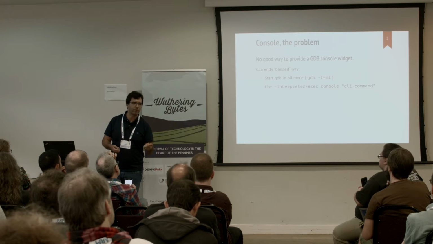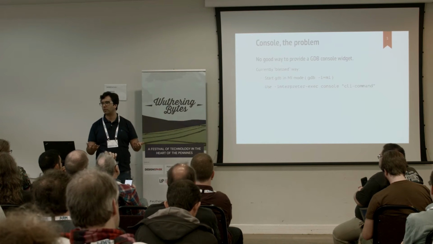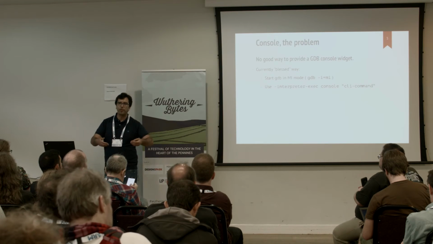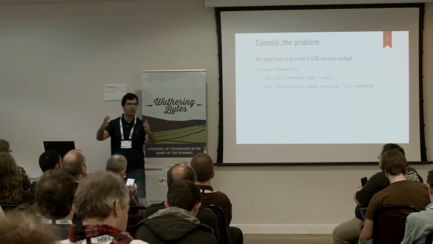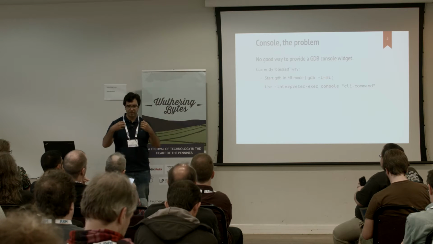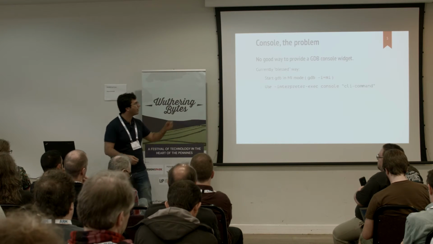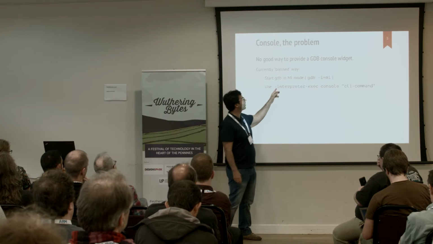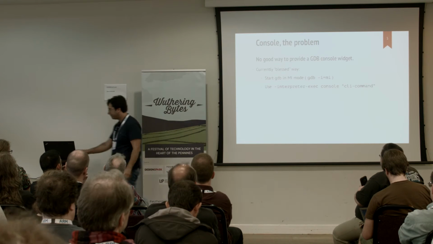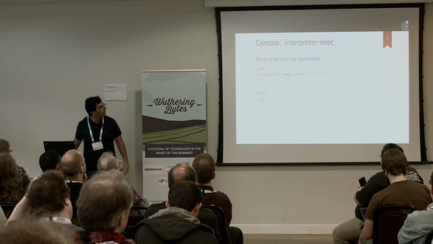It's still text-based, but commands are parsable. And the idea was, if you want to provide a console inside your IDE, you would wrap the CLI commands in an MI command. This is what an MI command looks like. It starts with a dash. And hand it over through MI.